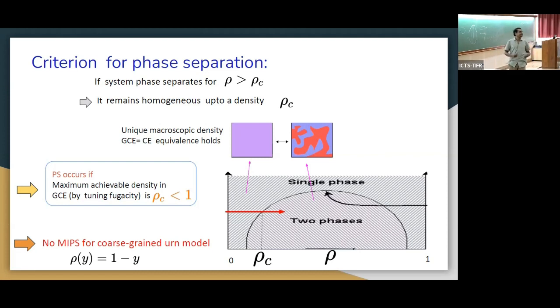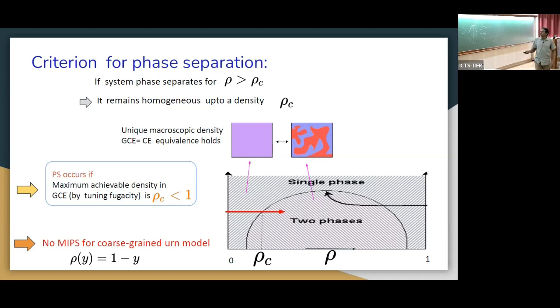That is because if rho C is less than 1, let us say 0.3, then by tuning the fugacity you cannot get any density above 0.3. Okay, so this equivalence breaks down, and a phase separation transition occurs. So in our case, rho of Y equals 1 minus Y. So Y equal to 0 is the maximum density. Y is the number of vacancies.